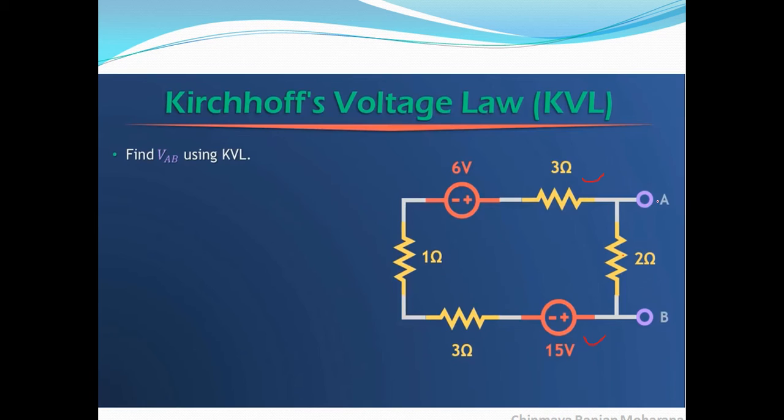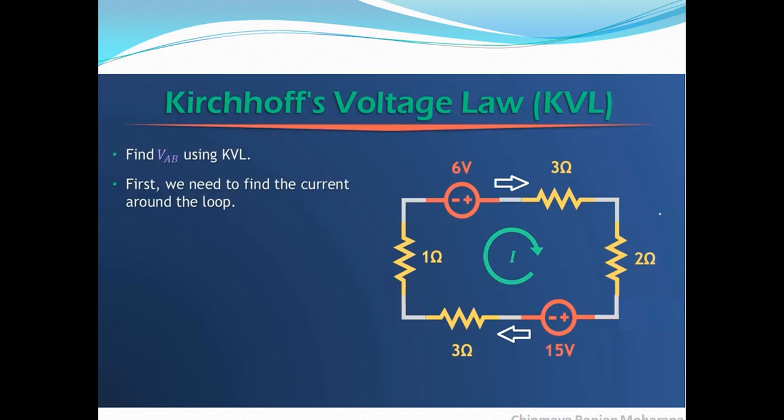What is the value of AB, the voltage drop in AB? First of all, we have to assume a loop, and we discuss this example.